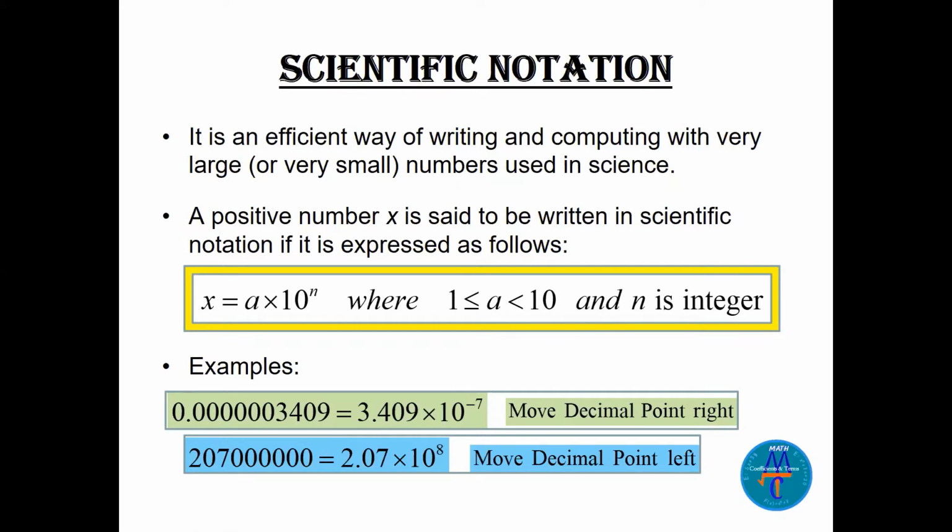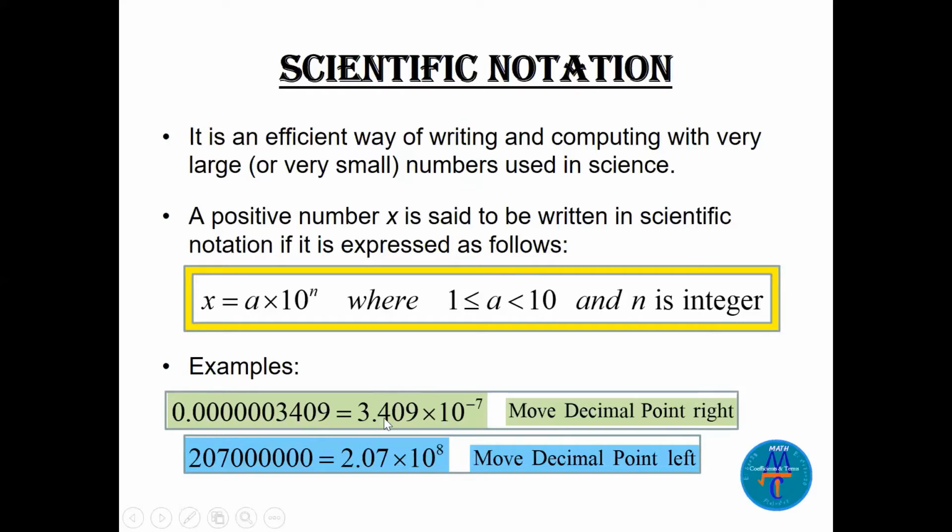Let's see. I will put here 2 examples. Please listen carefully. 0.0000003409. This is an ugly, very small number, and it's not even efficient to read it like this. So I will write it in scientific notation. I move the decimal point to the right and count how many times: 1, 2, 3, 4, 5, 6, 7.